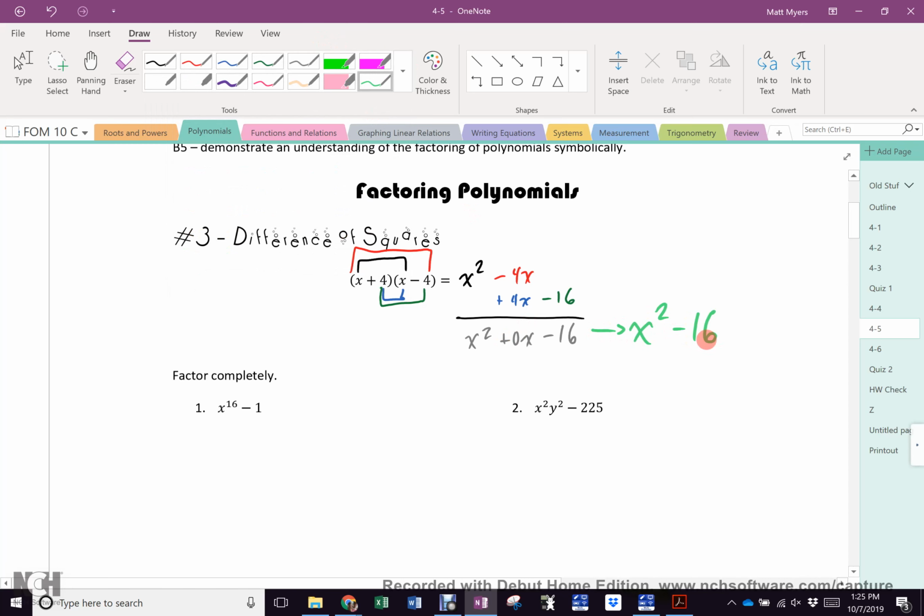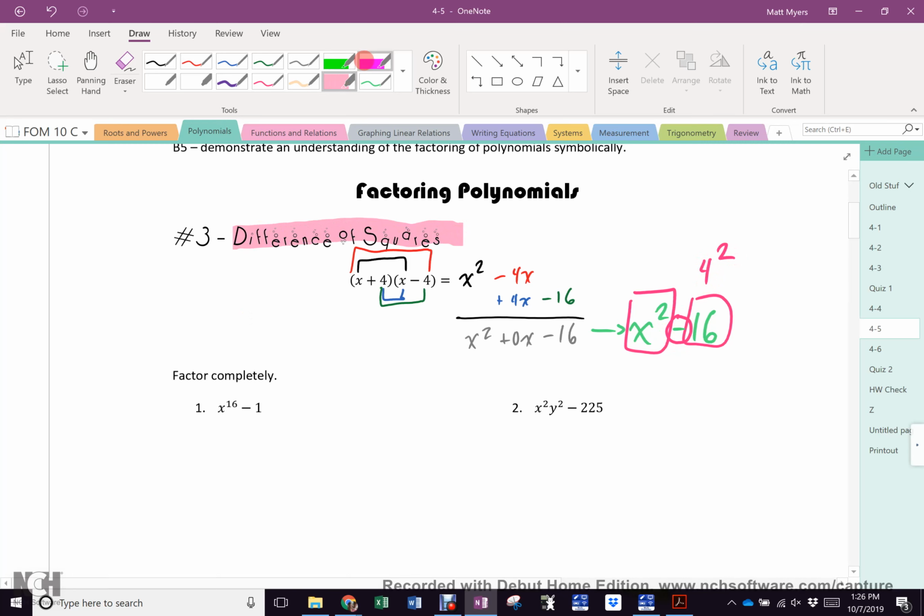And you would see the following. That number is some number squared. This number is 4 squared. And you would see, because I am subtracting, I have a difference of squares.